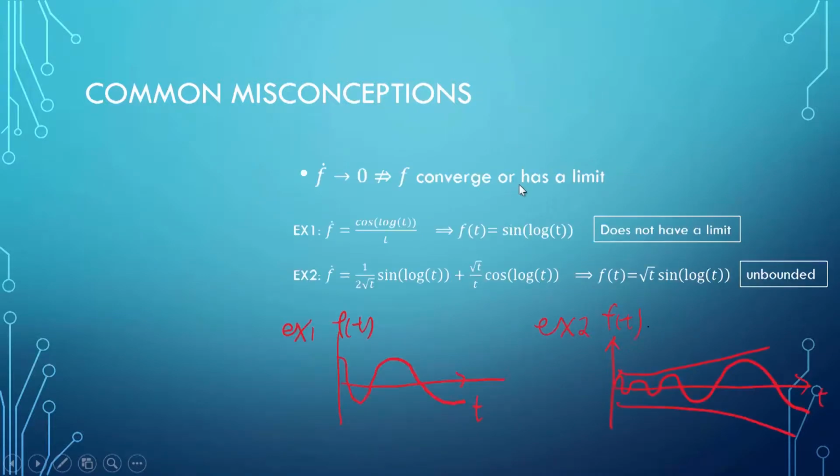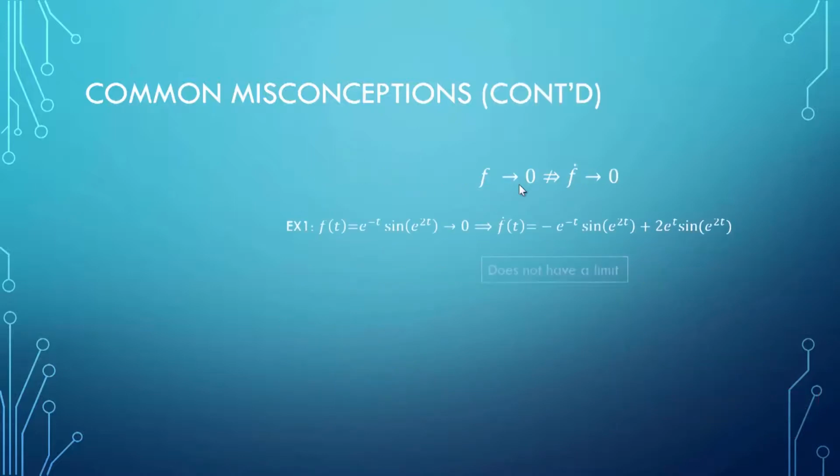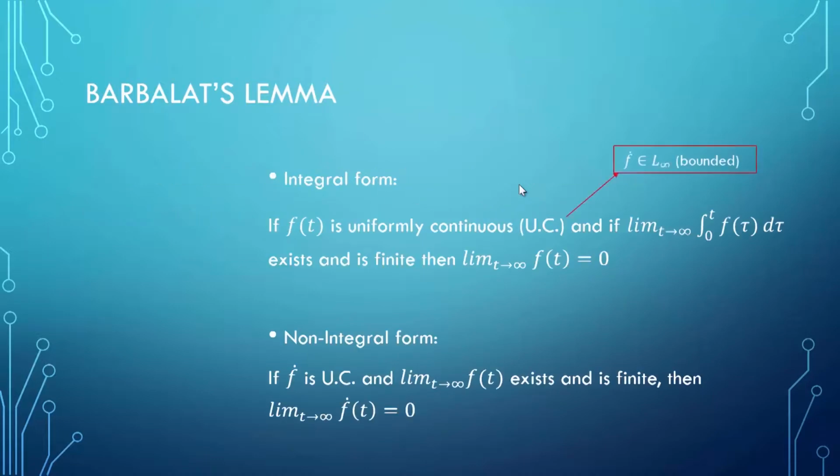In other words, for this misconception to be true, you need other conditions. That is, f dot has to be uniformly continuous, and f is bounded. That's Barbalat's lemma.